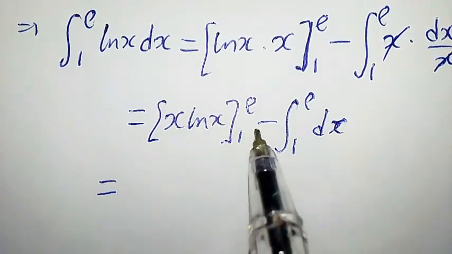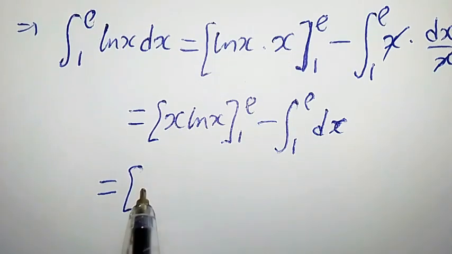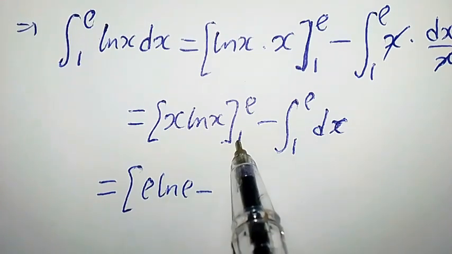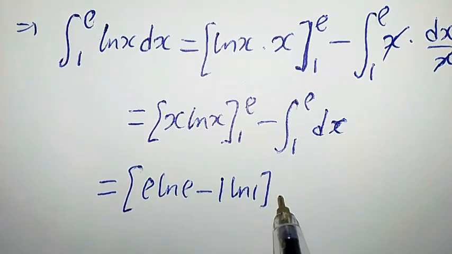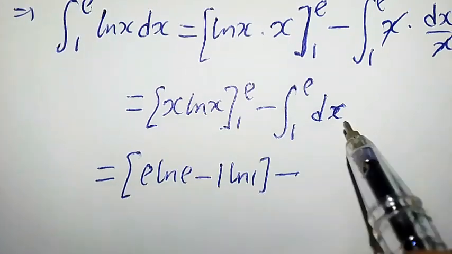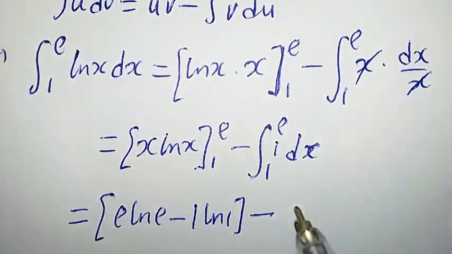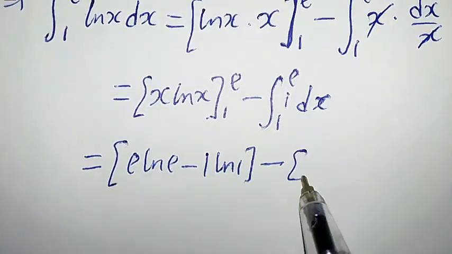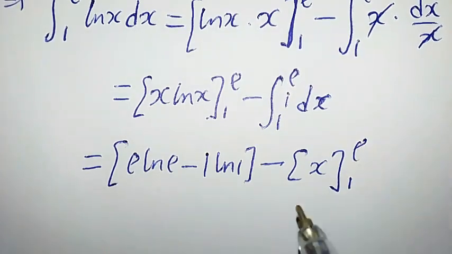This is equal to, the upper limit here is e, so all of this becomes e times ln e minus, the lower limit is 1, so we have 1 times ln 1, close bracket, minus, don't forget that there is 1 here, since x cancels x. The integral of 1 with respect to x, that is simply x. Evaluating from 1 to e, we have 1 to e.